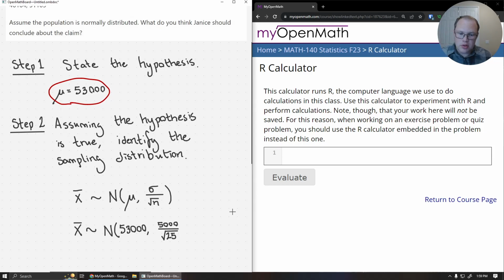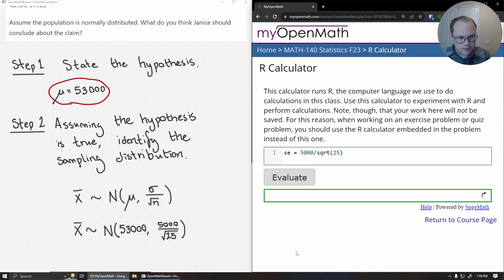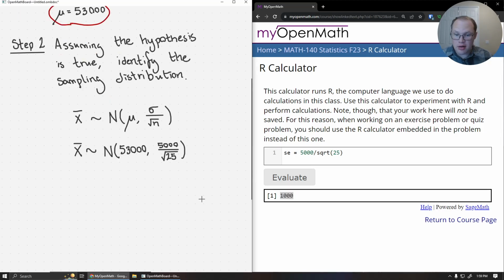So that is our standard error, 5,000 over the square root of 25. Let's throw that into a calculator, just so we get a feel for what that is. Our standard error is our population standard deviation, 5,000, divided by the square root of the sample size, 25, and we get 1,000. That's the standard error.